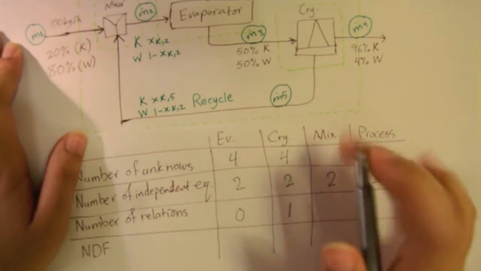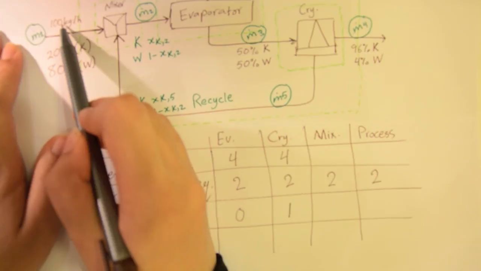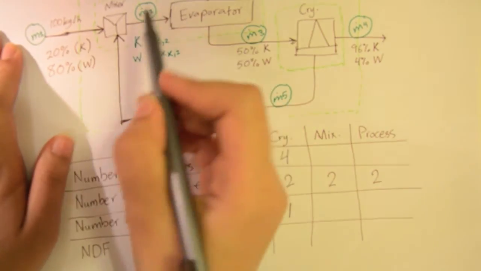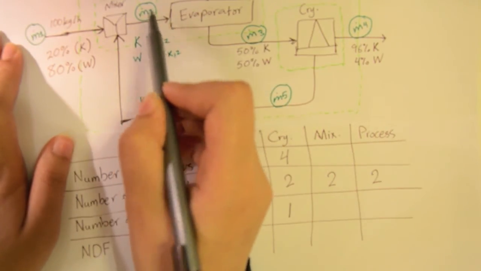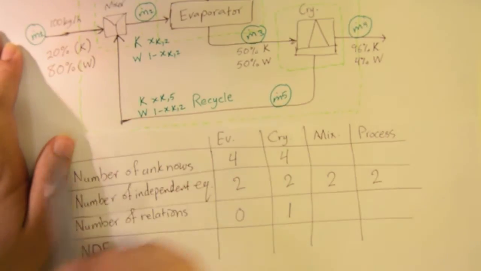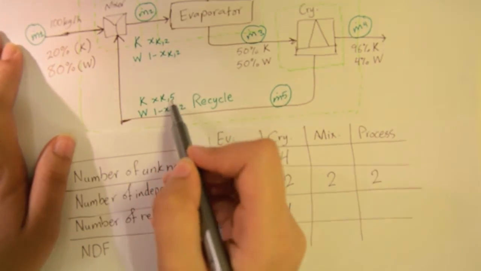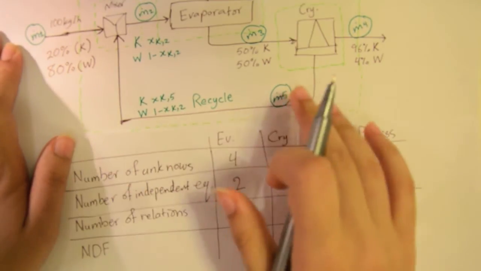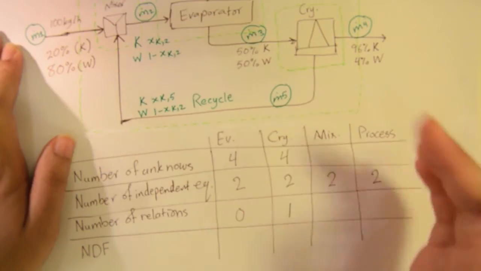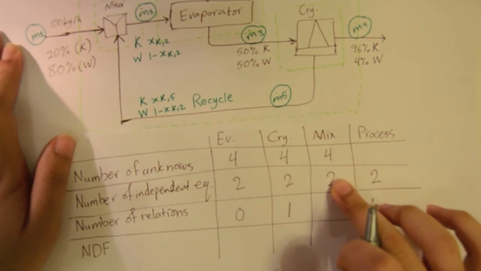The mixer, the number of unknowns we have, of course M1 is 100 kilograms, so we know it. We have M2, M5 entering the mixer, and X for K2 and X for K5. So they are 1, 2, 3, 4. So they are 4. And here's 2.